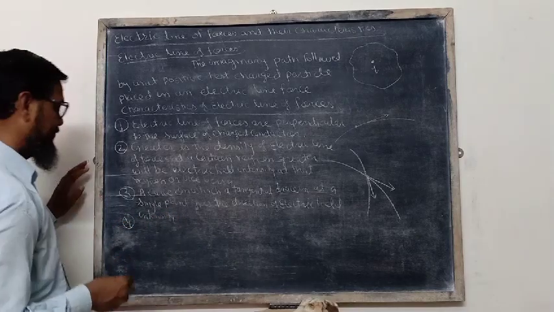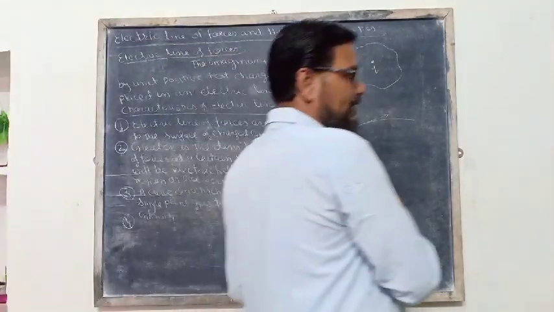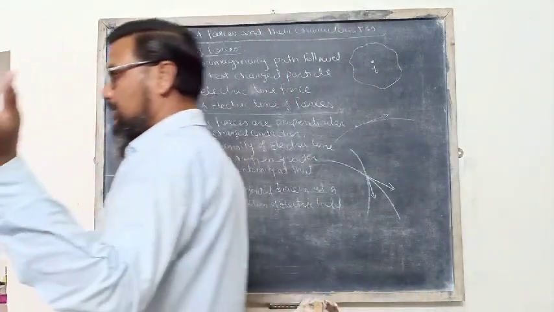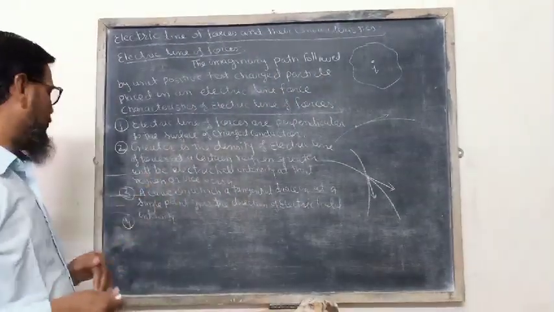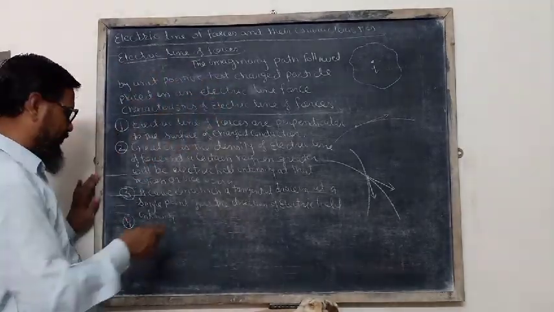Next characteristic: electric lines of force move from positive charge to negative charge. They never move from negative to positive charges. They always move from positive charge to negative charge.